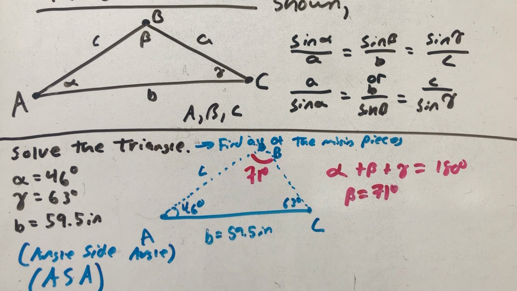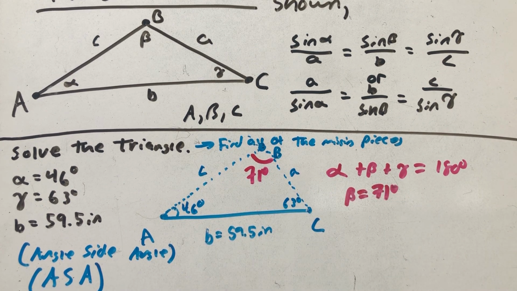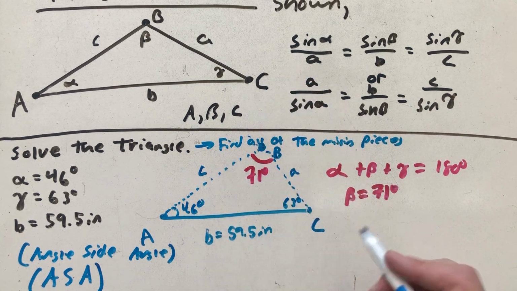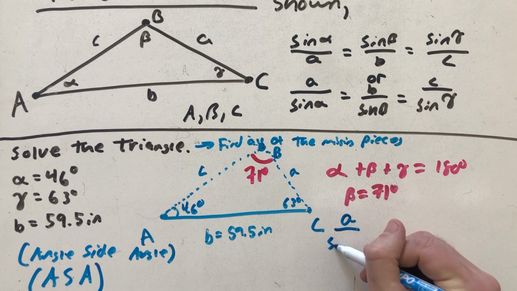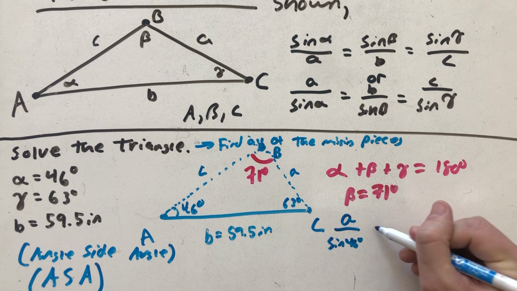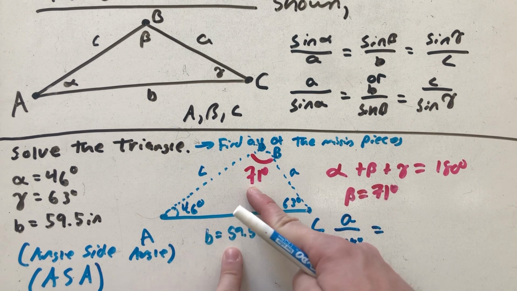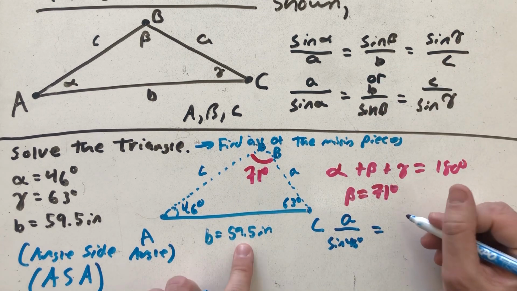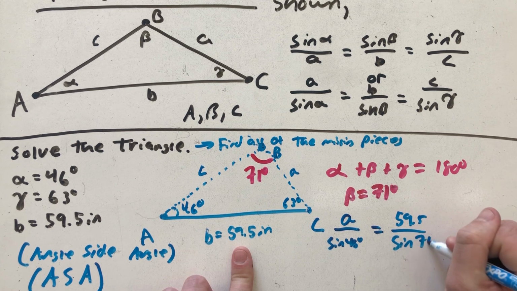Side C is across from vertex C, and side A is over here. And now I need to find A and C. I'm going to look at the law of sines, and I definitely need to think about A over the sine of alpha. So I'm looking for A, and that's the sine of 46 degrees, is equal to, and now I know both beta and B, so I can use this piece to set equal to 59.5 over the sine of 71.